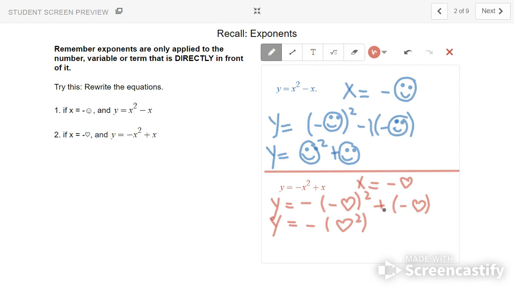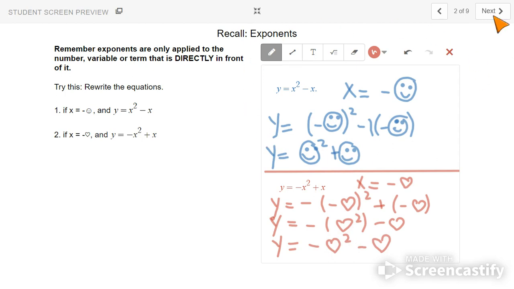And when I simplify here, a plus and a minus, it becomes a negative. So negative heart. Let's simplify again. We have y is equal to negative heart squared minus heart.